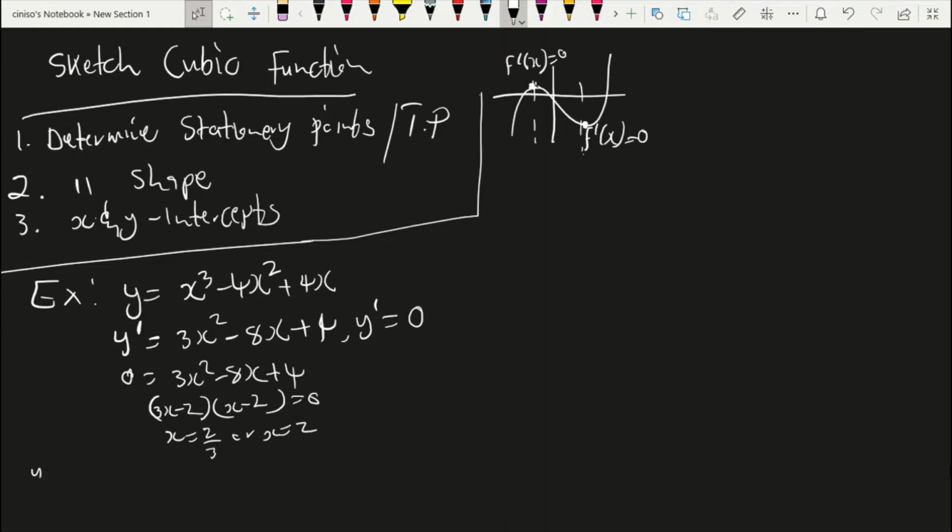So for the y values of your turning points, you're going to substitute into the original equation. It is (2 over 3) cubed minus 4 times (2 over 3) squared plus 4 times 2 over 3, which will give you 32 over 27.